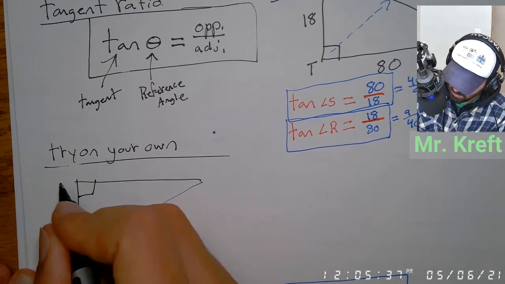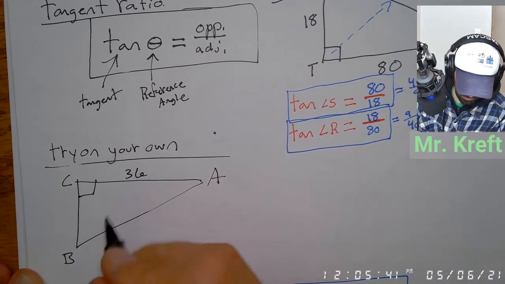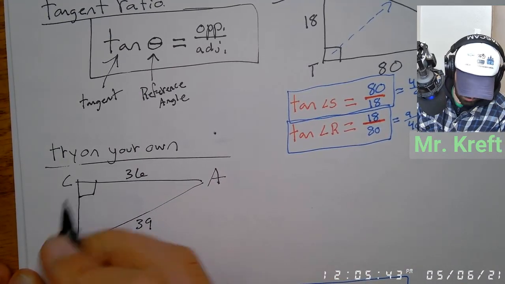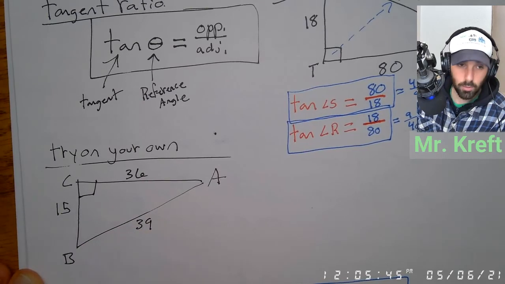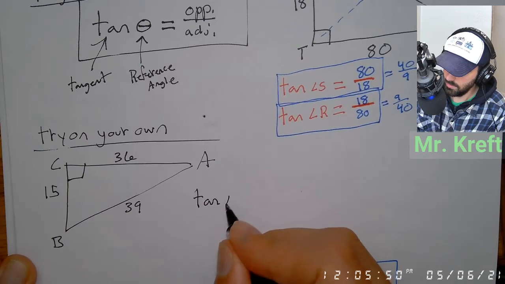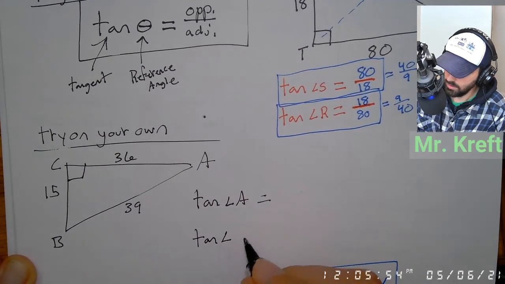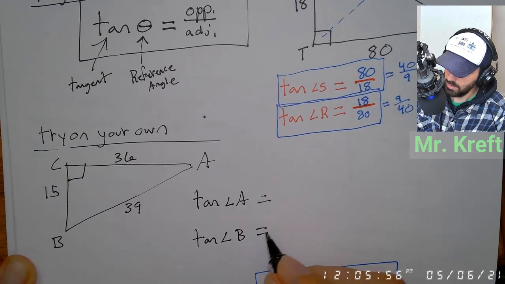We have B, C, A, and 36, 39, and 15. I want you to find the tangent of angle A and the tangent of angle B.